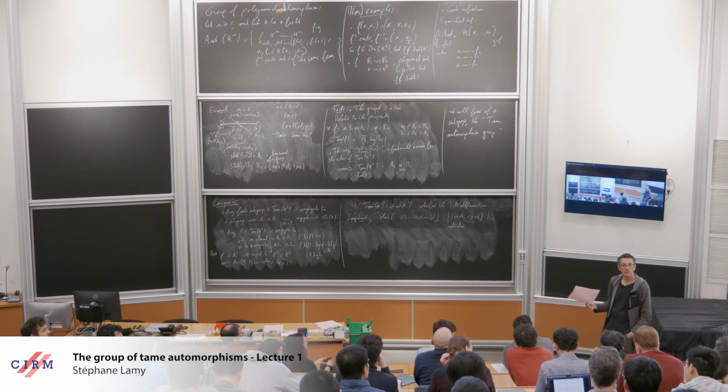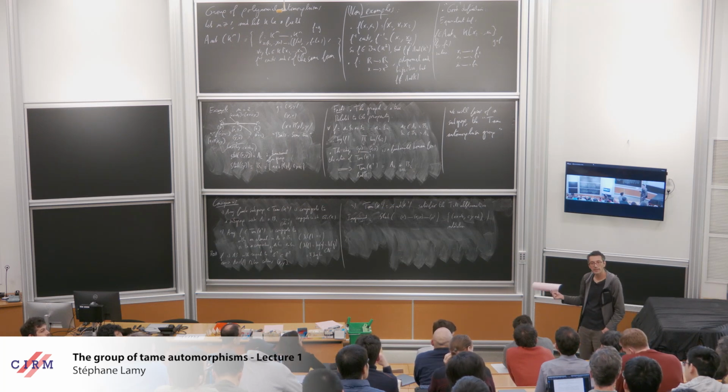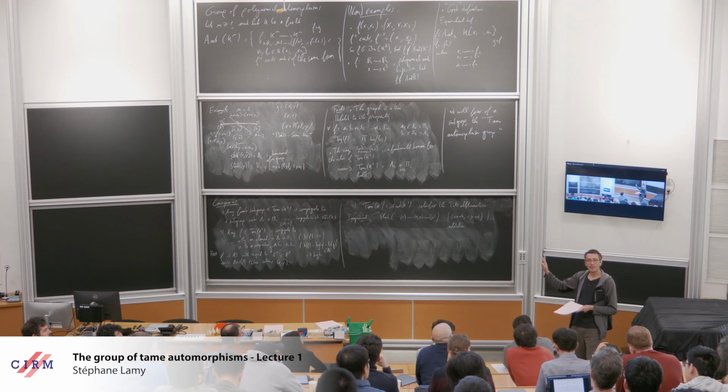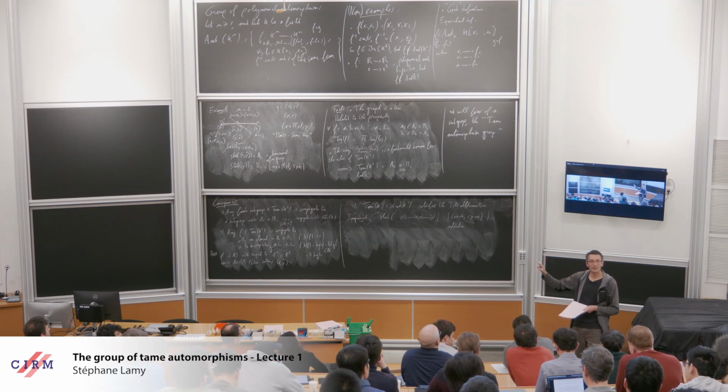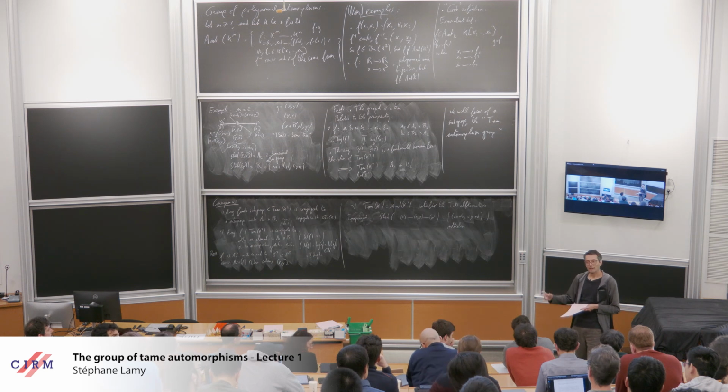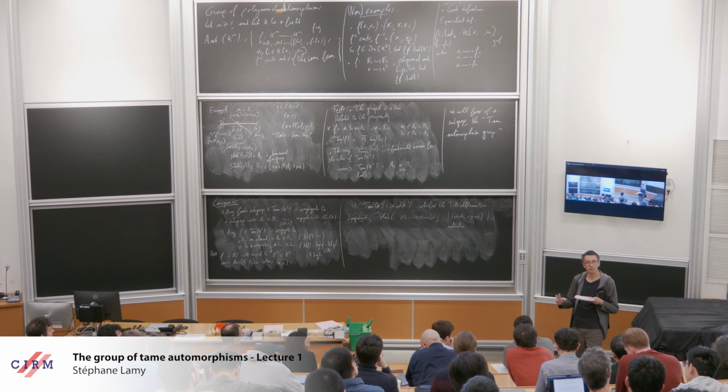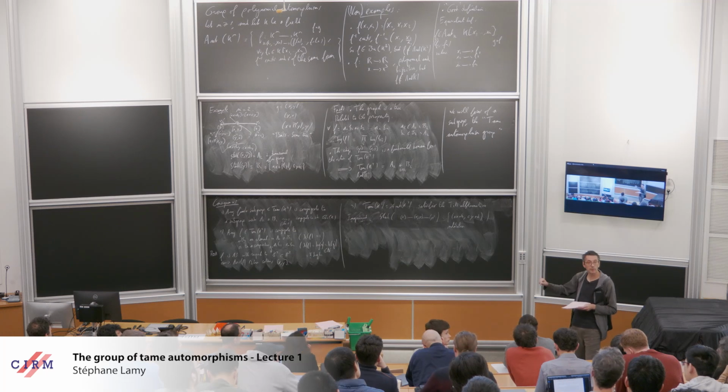For GL2 of F_p bar, the Tits alternative is for any finitely generated group. My statement was for the strong one, where you say for any group, and when you have characteristic p, you have to state it for finitely generated ones. There is no escape to that. So for finitely generated ones, it's okay.